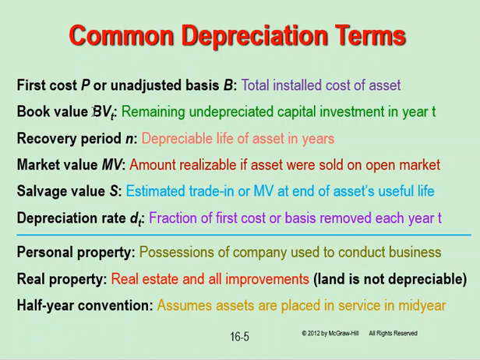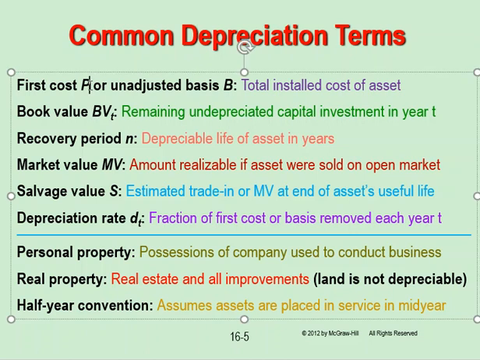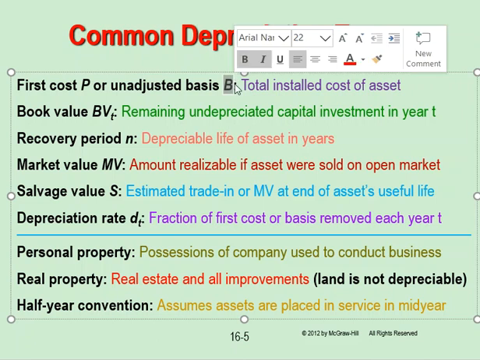The first one we have is B. In the previous sessions, we used to call it initial cost, or first cost P. Here we don't call it P anymore. We have to call it B. This is the first cost.